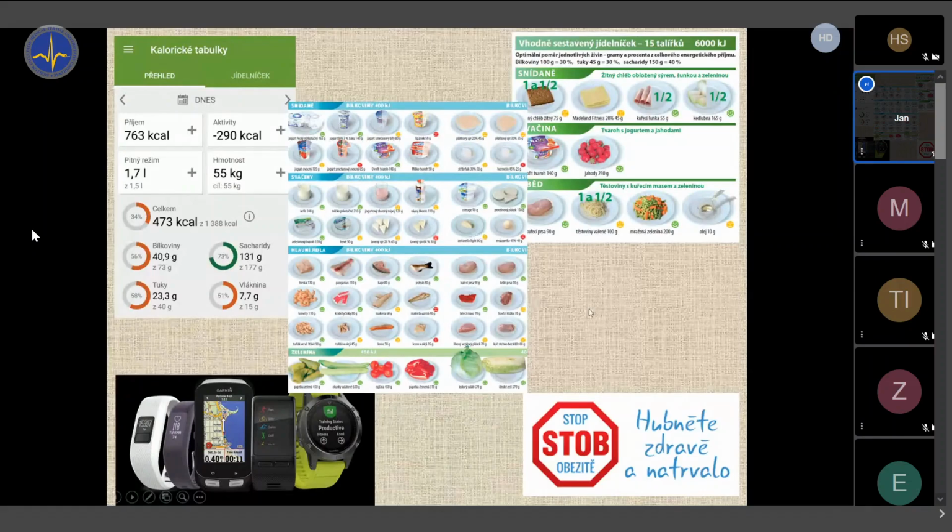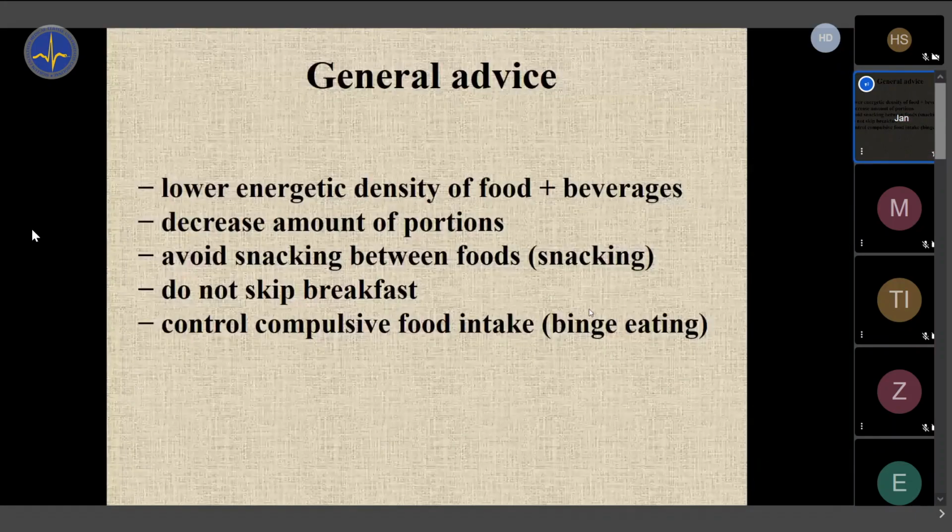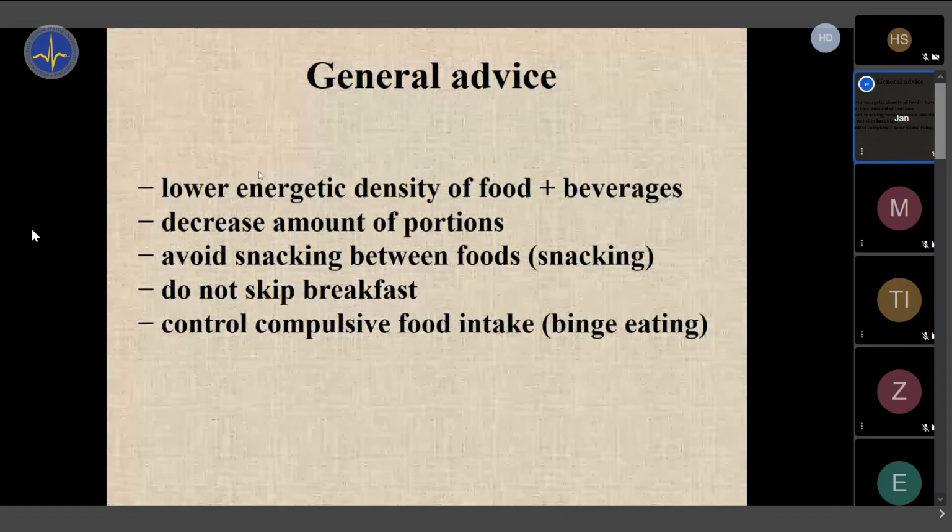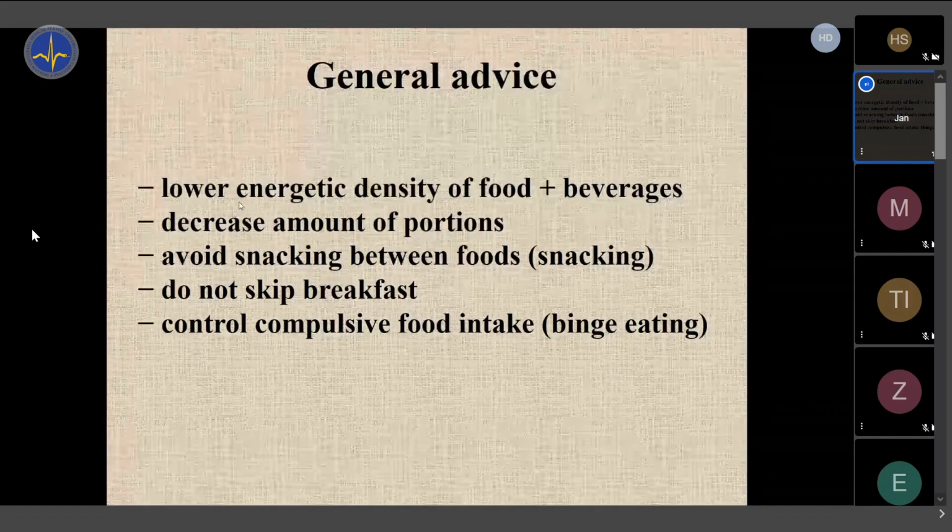So there are tools to help patients live with this and achieve the goals. It doesn't necessarily need to weigh food. Every portion doesn't need to be weighed and recorded on paper, right? No one will do it in the long term. We have modern applications. So general advice for lifestyle summarized here: eat less energetic food, avoid any energy containing beverages.